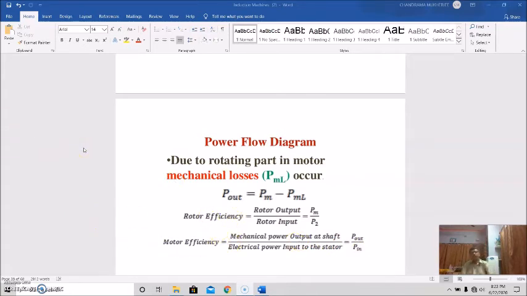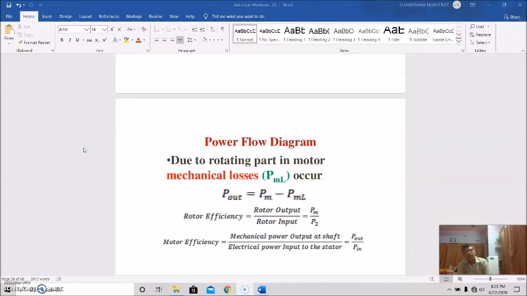So from the developed torque, we see how the power flows from the incoming power to the stator to the final developed power at the rotor, and hence we get the relationship for the rotor efficiency as well as the motor efficiency.